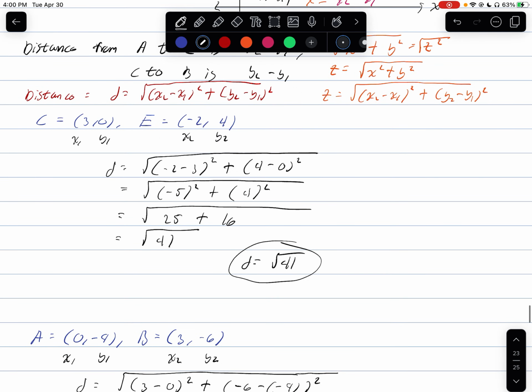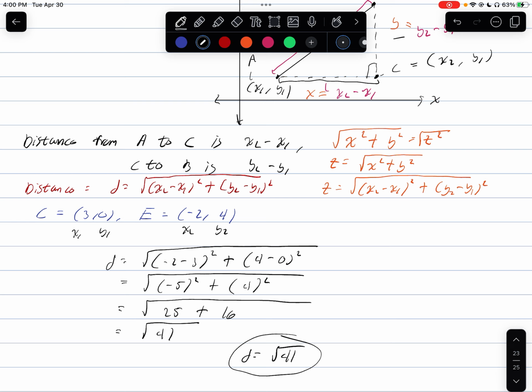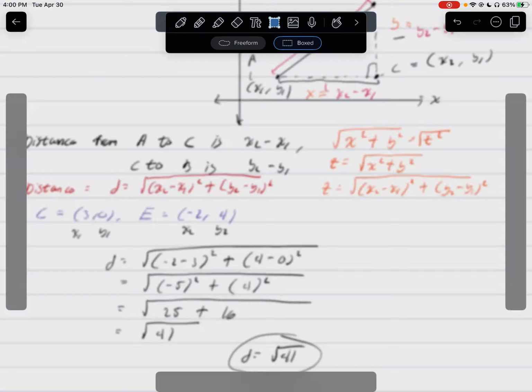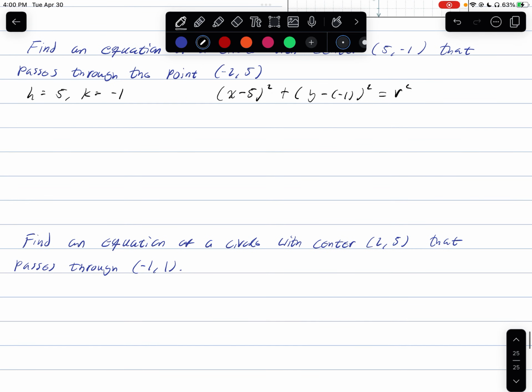Let's scroll up to a previous lecture we had here. We have the distance formula, d is equal to the square root of x2 minus x1 squared plus y2 minus y1 squared.